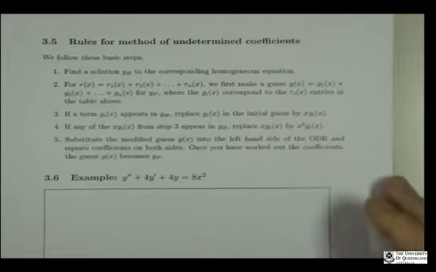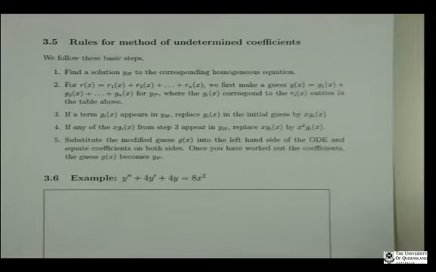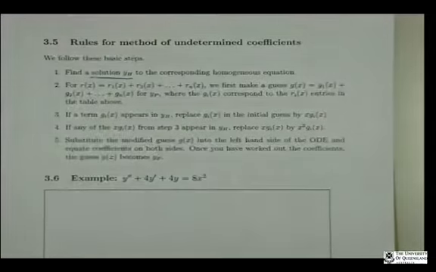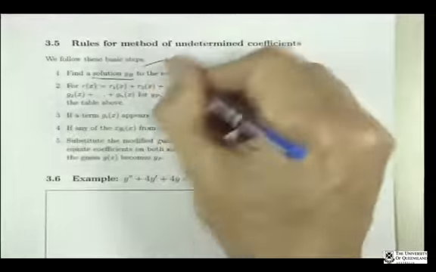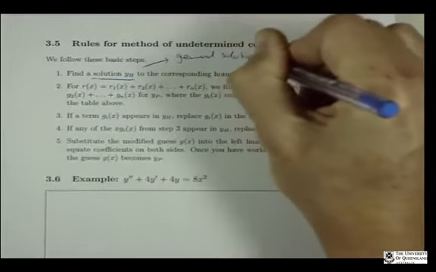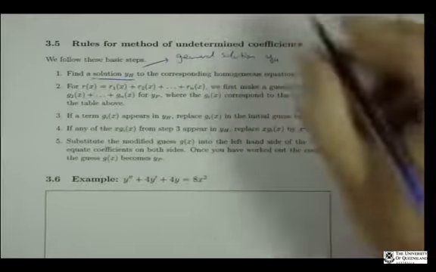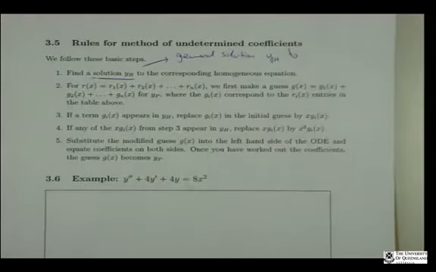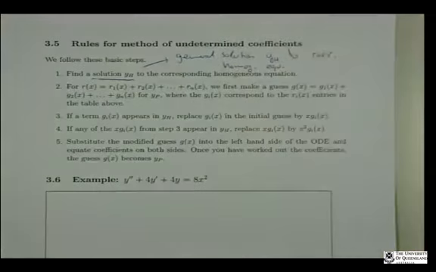So let's have a read of the rules or the basic steps involved in this procedure. Step one is to find the general solution to the homogeneous equation. The way I've worded it there, find a solution YH, I actually mean find the general solution YH to the corresponding homogeneous equation.